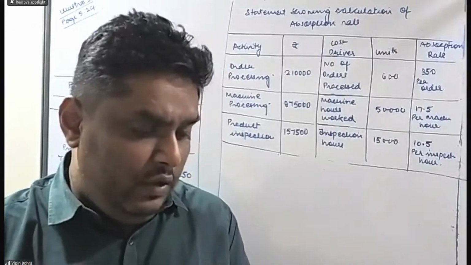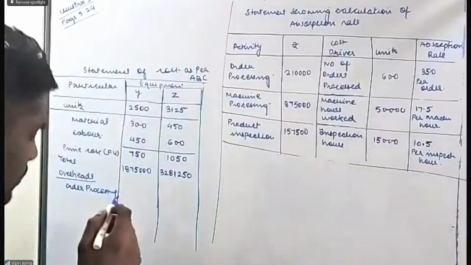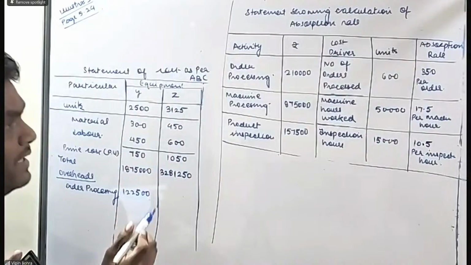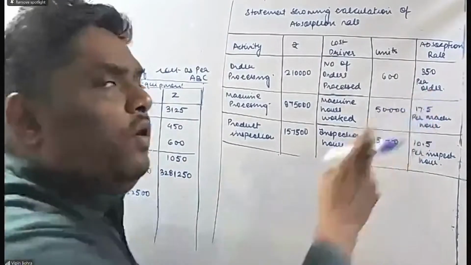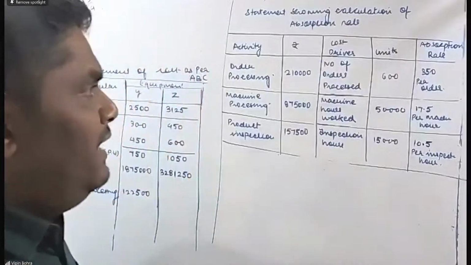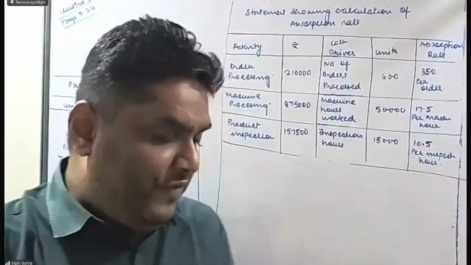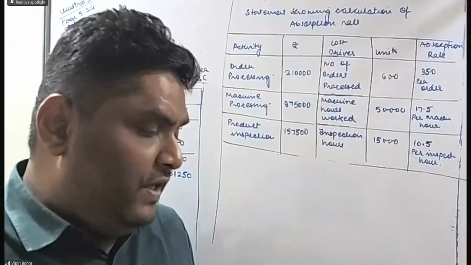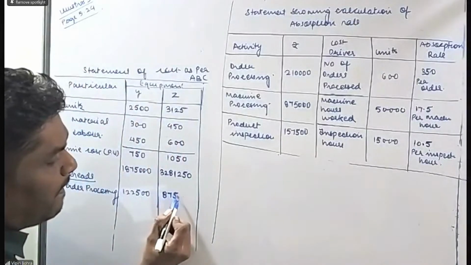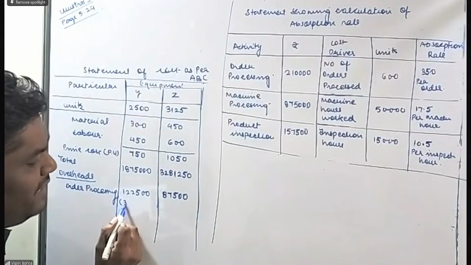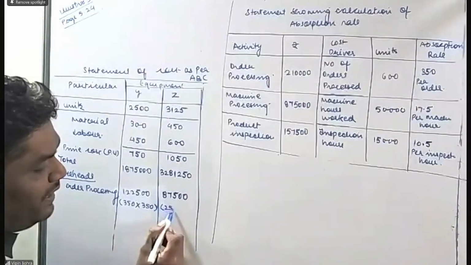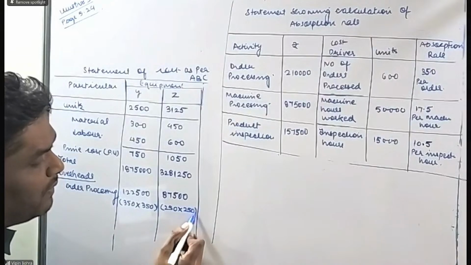So 350 into 350, so this will be 122,500. In case of Y it is 350, and in case of Z, it is 250. So 250 into 350, that is 87,500. This is 350 into 350, and this is 250 into 250.